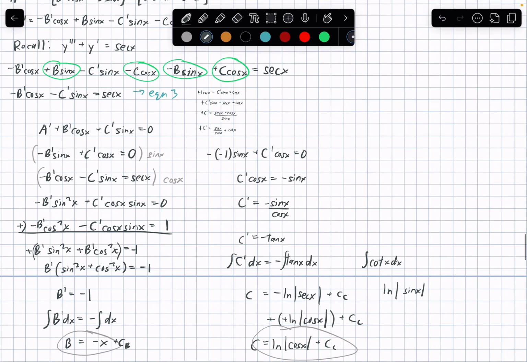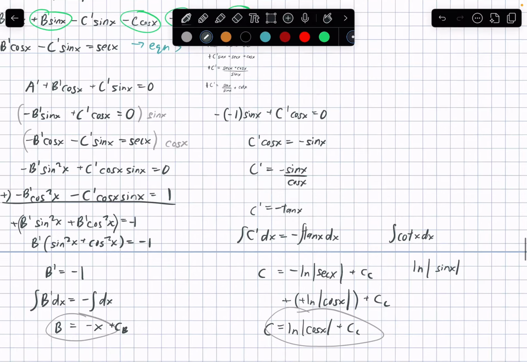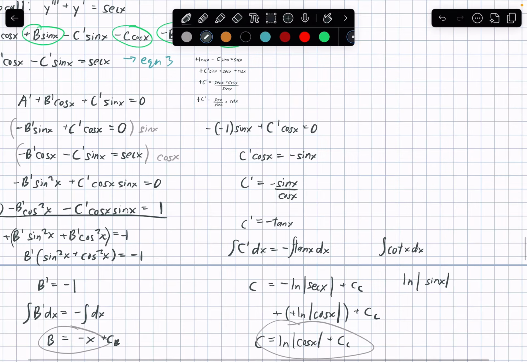What else? A. We already know B and C, and that's the only way to find A. Minus x cosine x plus ln cosine x. So this is how we do it now: substitute, and then at the end, after we're done substituting everything, that's when we write down the constants.